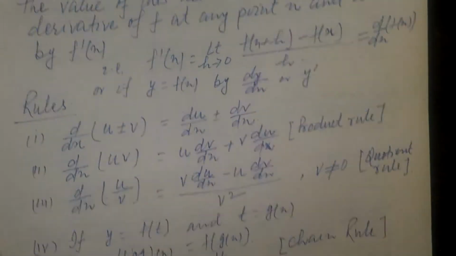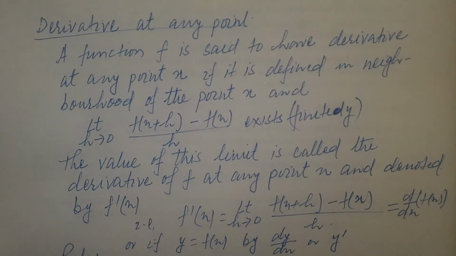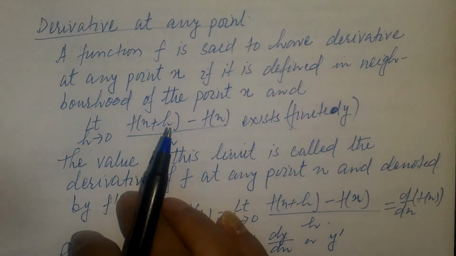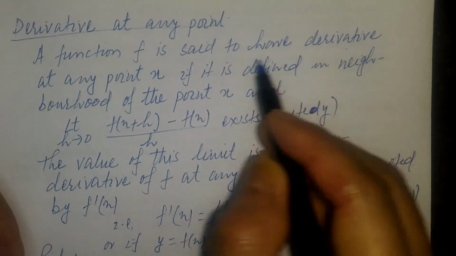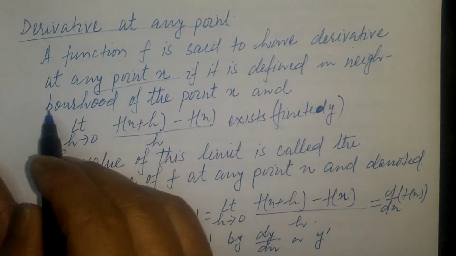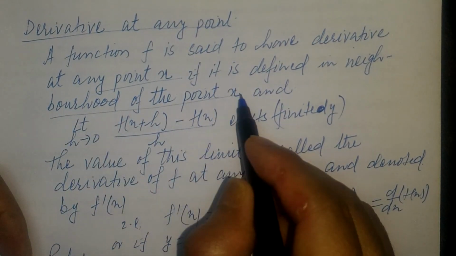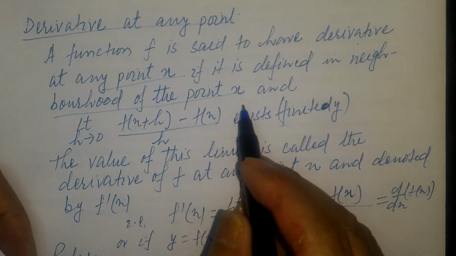Now we'll discuss differentiability or the derivative of a function at any point. A function is said to be differentiable at any point x if it is defined in the neighborhood of x. You should not have that before x and after x, it is not defined. It is defined.